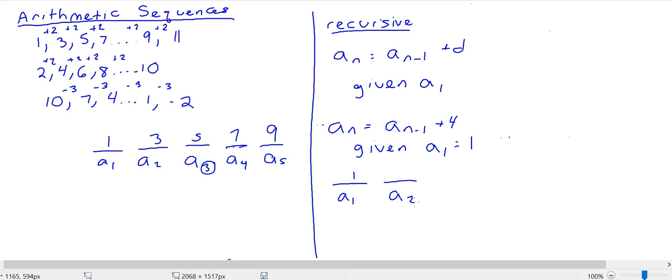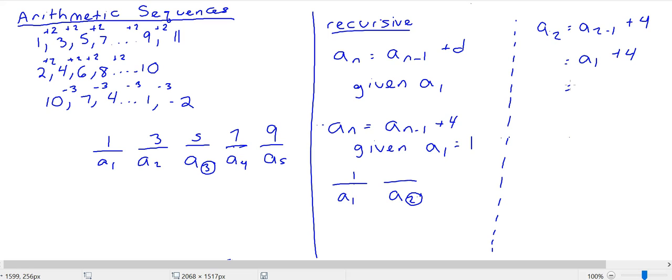So a sub 2 is equal to a sub 2 minus 1 plus 4. Wherever we see an n, we're plugging in the value of the place. So a sub 2 minus 1 is a sub 1, plus 4. A sub 1 we already know is 1, plus 4. So a sub 2 is equal to 5.